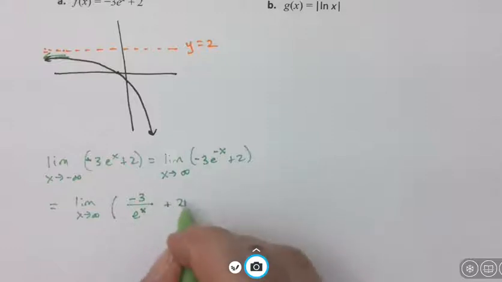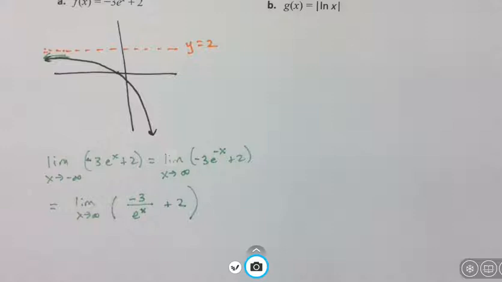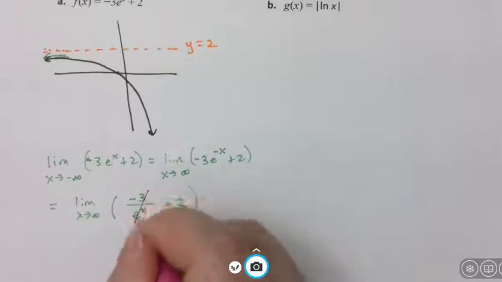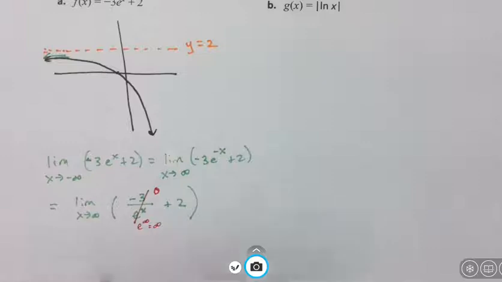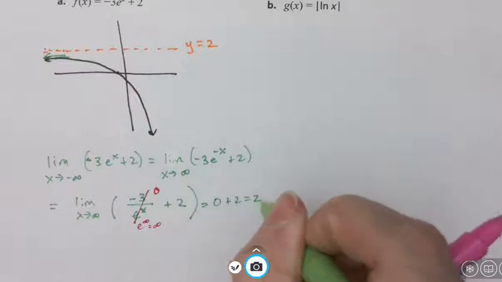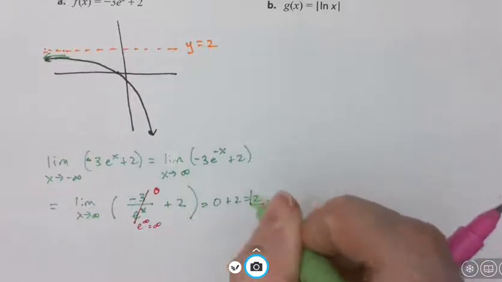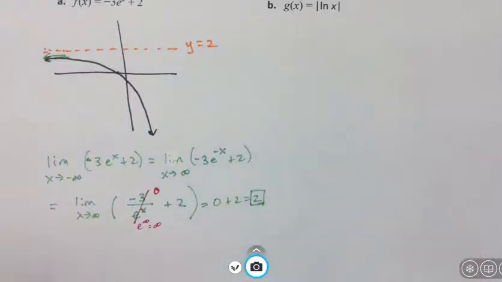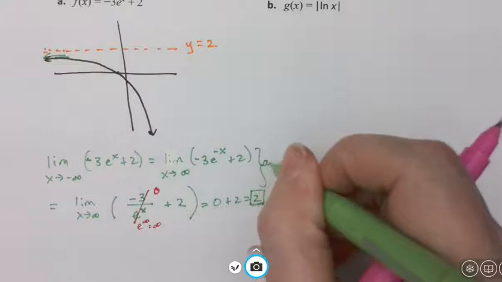That's the definition of negative powers that we learned in algebra. But then this right here is negative 3 divided by e to the infinity, right? What is e to the infinity? That's infinity, right? And 3 divided by infinity is a big fat 0. So this is actually 0 plus 2, which is 2. Sure enough, I proved it. There it is. That's an analytical proof right there.